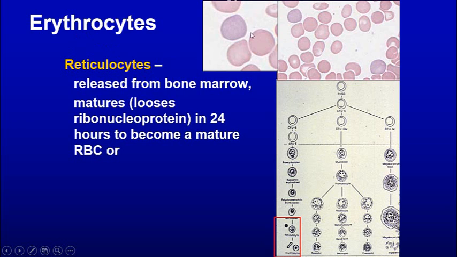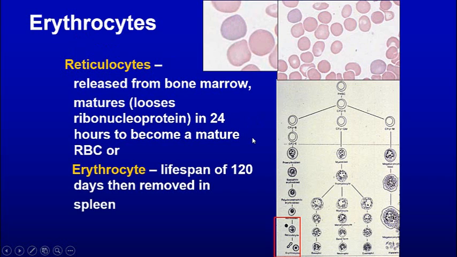It has a bluish tint that we see here, here, and here compared to these others, as it has more ribosomes, and the cell is a little bit larger, and those ribosomes are plucked out in the spleen. Erythrocyte lifespan is about 120 days, then it's removed in the spleen. So the ribosomes are removed earlier, and then the cell is removed in about 120 days.